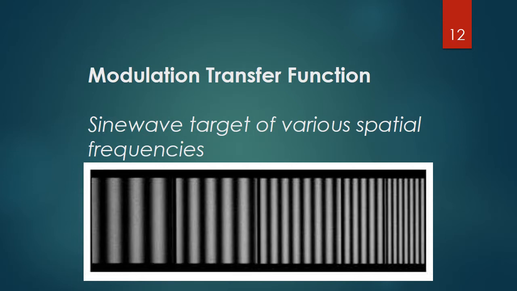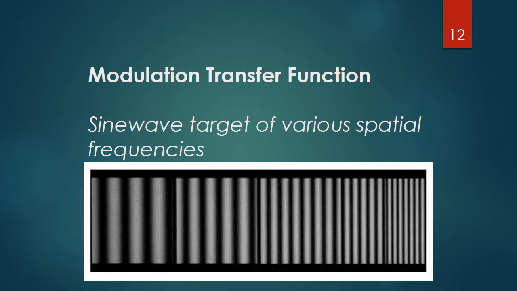When we analyze an optical system in the frequency domain, we consider the imaging of sine wave inputs rather than point objects. The sine wave targets of various spatial frequencies are imaged by linear shift invariant optical systems as another sinusoid.